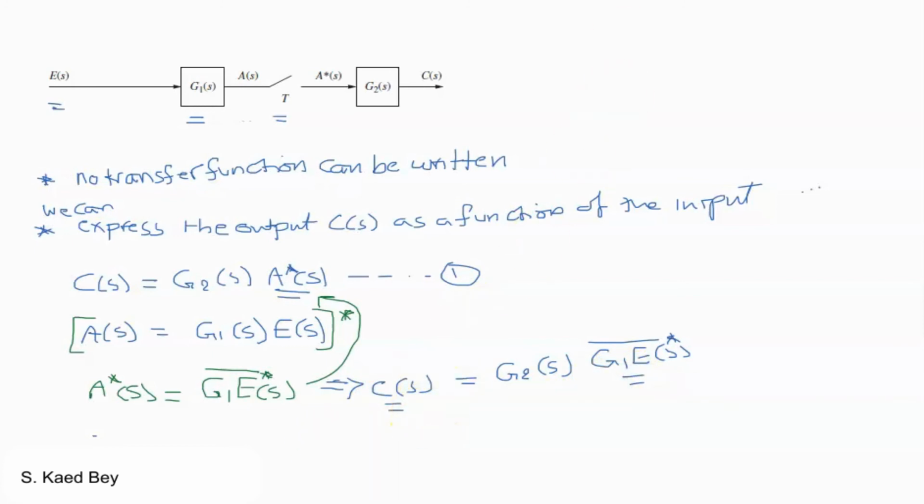So applying the starred Laplace formula again, what we find is C star of S equals G2 star of S, and this one remains as is.